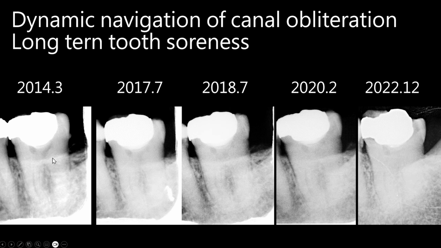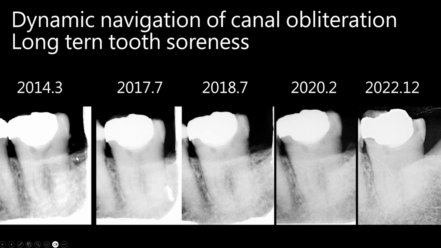But after a very long follow-up, you can see the amalgam is not very intact because it is too big and the time is very long. So you can see some decay on the amalgam, and the pulp chamber image is becoming more and more not very clear.